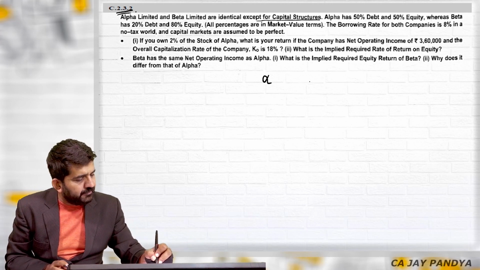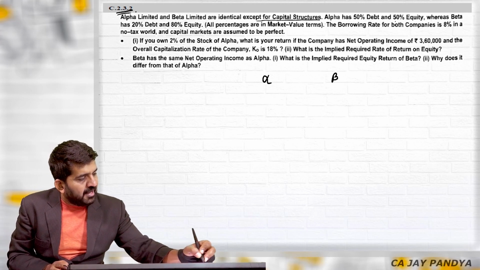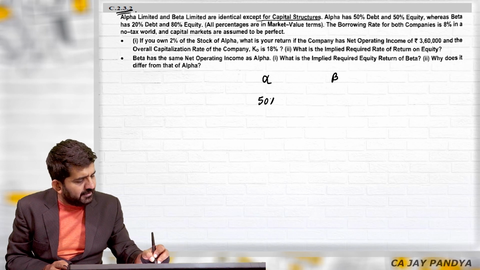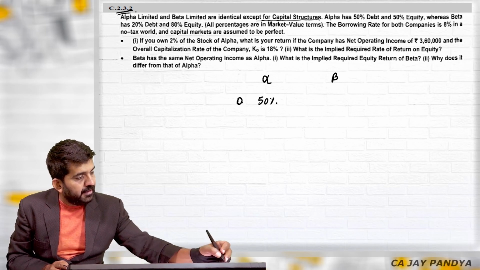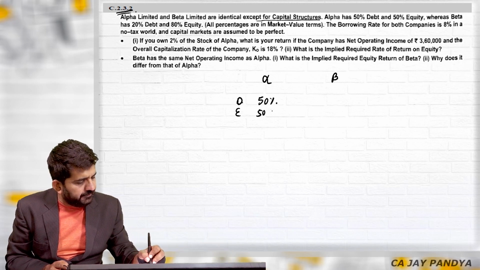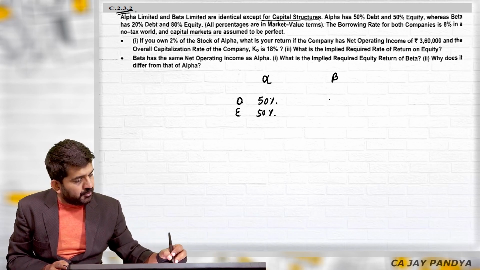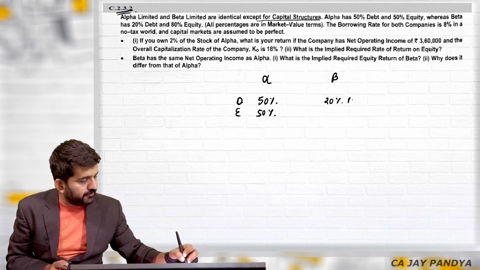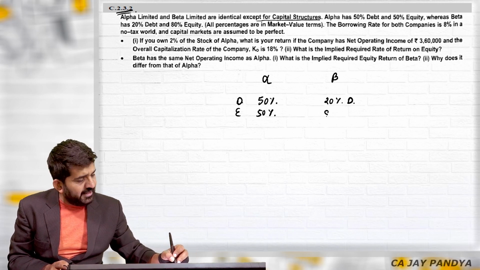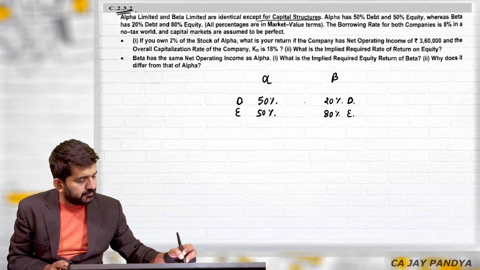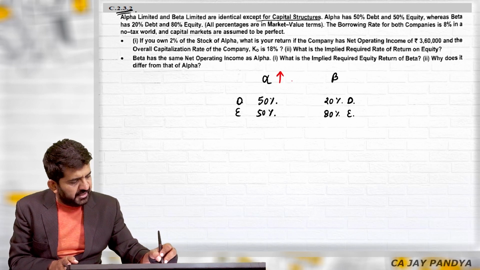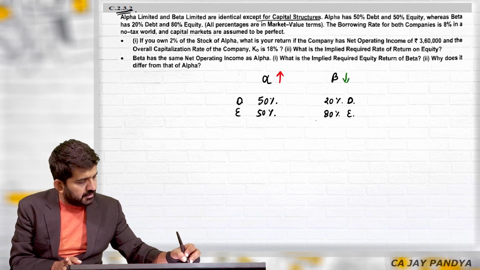Alpha has 50% debt and 50% equity, whereas Beta has 20% debt and 80% equity. So this is more risky, this is less risky.